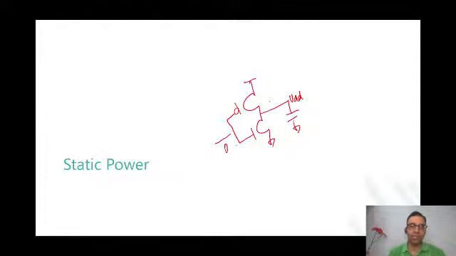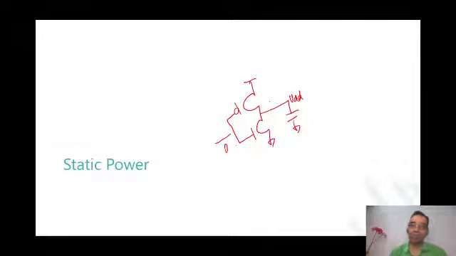So we're not reducing activity factor by putting the complex logic in the beginning? Okay. We are simply reducing the overall area and capacitances by doing that. So that is not related to activity factor at all. Okay.